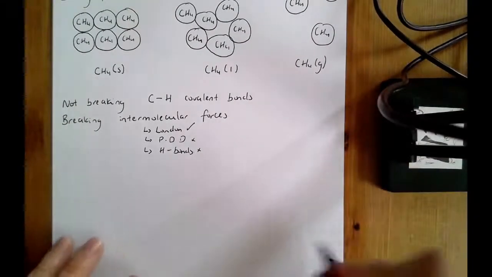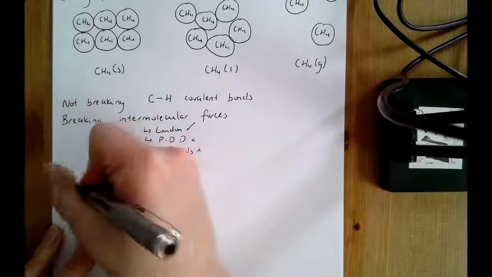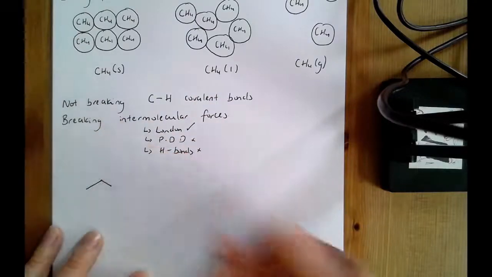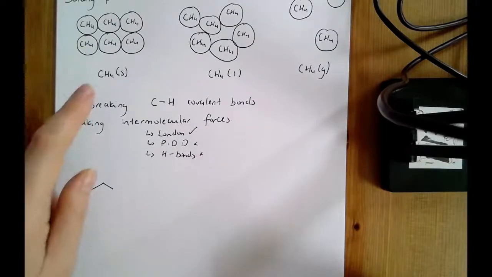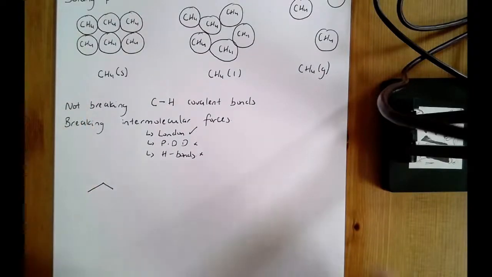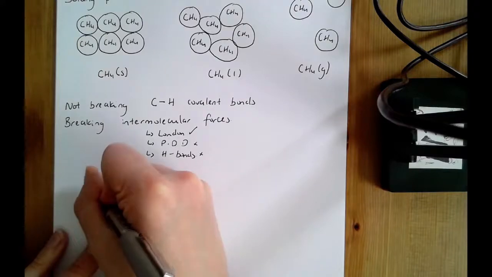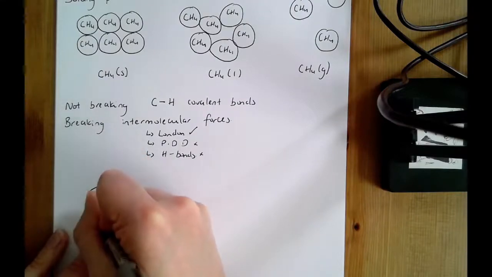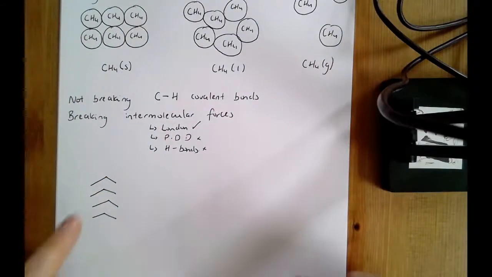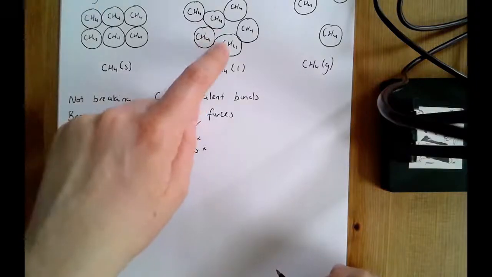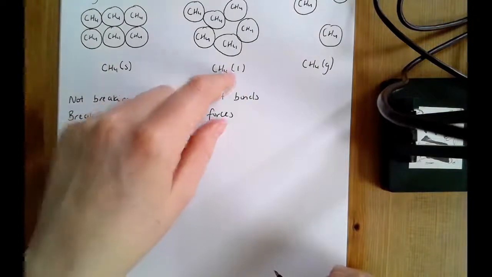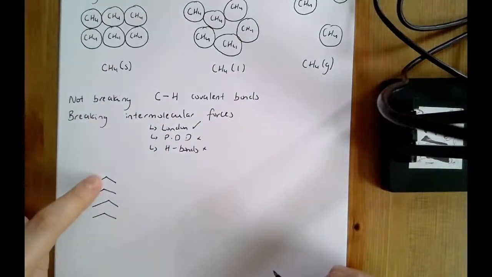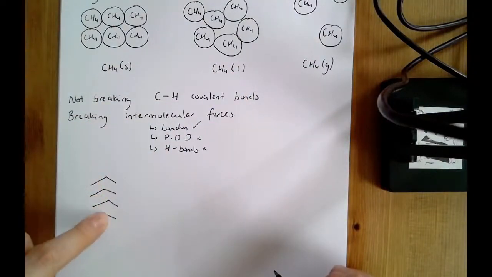So if we look at an example, I'm going to draw out my standard alkane. I'm going to draw propane. If I had a container of propane, I would have lots of propane molecules. If I wanted to boil propane, for example, so if it was in liquid form and I wanted to turn it into a gas, I would need to separate out these propane molecules.